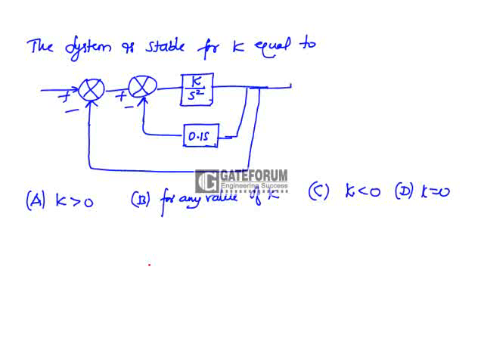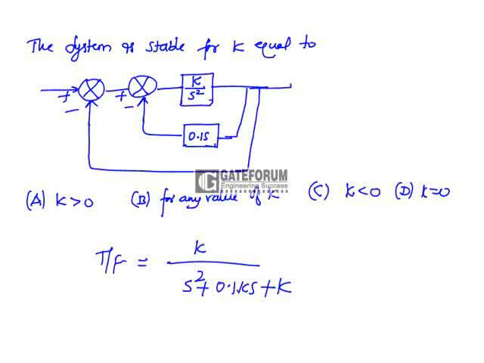It is better to use Routh-Hurwitz, it will be easy. Now, what is the total transfer function? If you reduce this block diagram, we get k by s square plus 0.1 k s plus k. This is the overall transfer function of the block diagram.